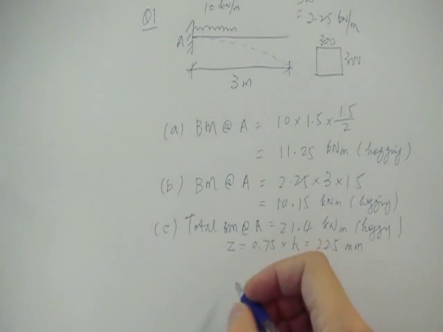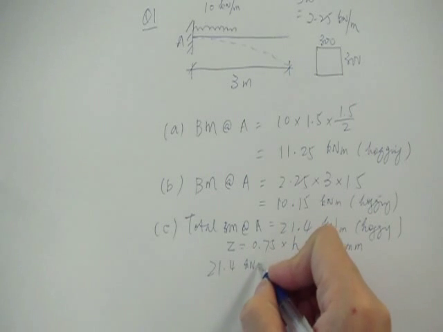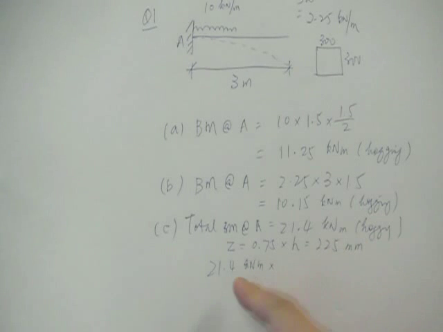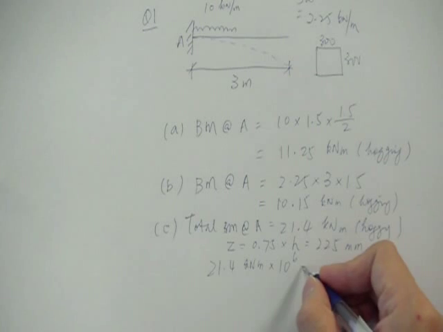And then to find out the tension, the bending moment, that 21.4 kilonewton meter, you change the unit to Newton millimeter, so that 10 to the power 6.